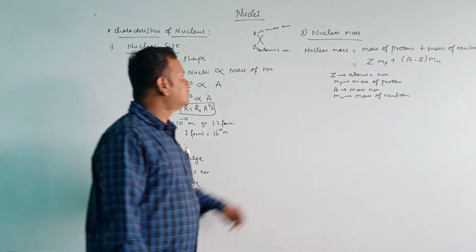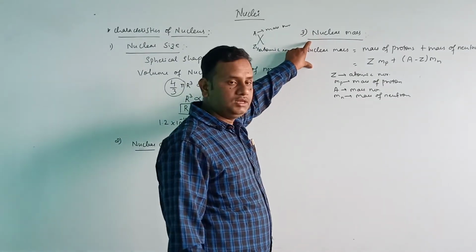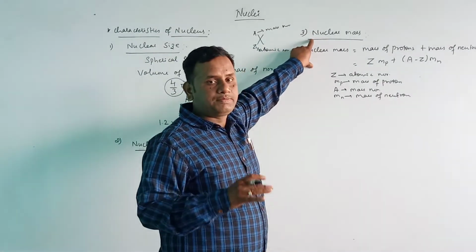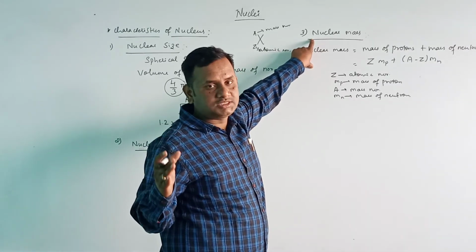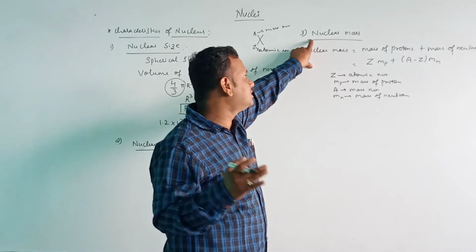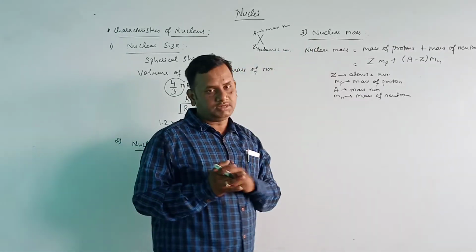So this is all about the nuclear mass: the mass of the protons plus the mass of the neutrons together gives us the nuclear mass.